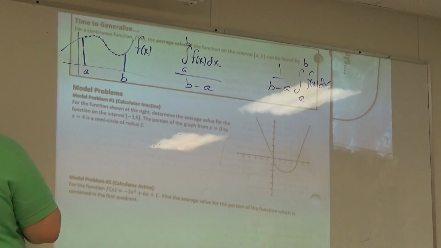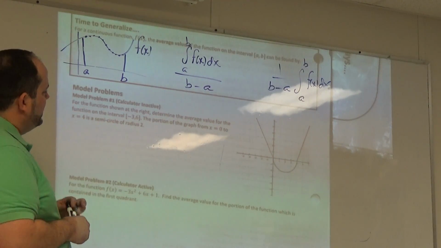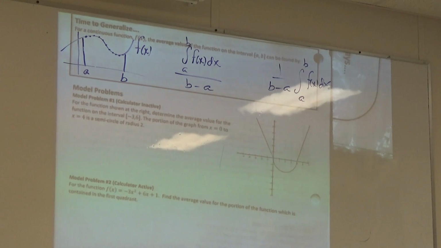These are going to go nice and quick. For the function shown to the right, determine the average value for the function on the interval -3 to 6. Take 1 minute on your own, show me what you can do. The average of that function from -3 to 6.